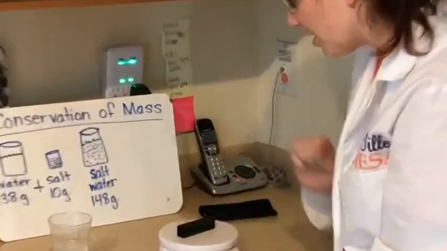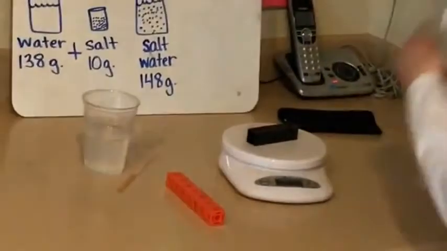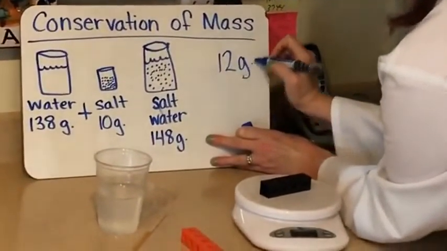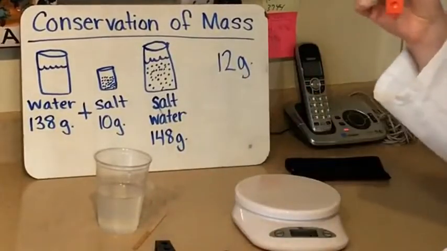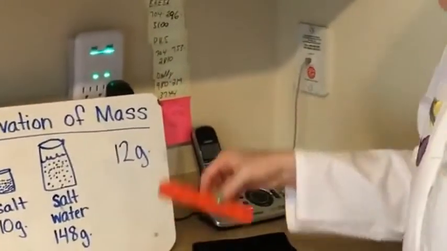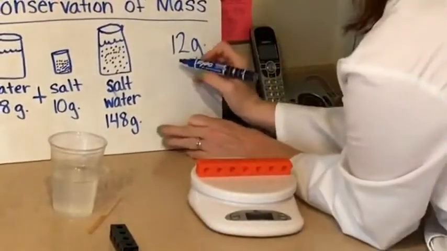All right, the 4 black blocks are 12 grams. Just gonna jot that on the side here. 12 grams. All right. Anybody want to take a guess how much weight is on the 7 orange ones? Let's see if you're right. 21 grams.